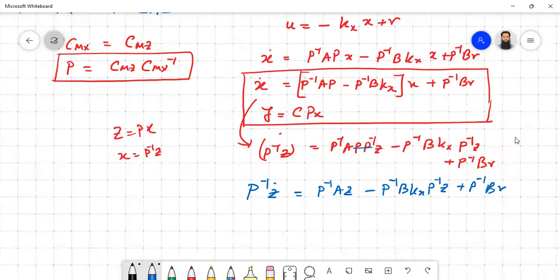If you multiply by P on both sides, you get Z dot equal to AZ, where P and P inverse cancel, minus B KX P inverse Z plus BR.